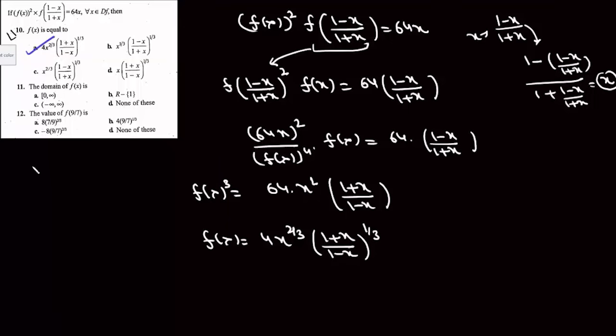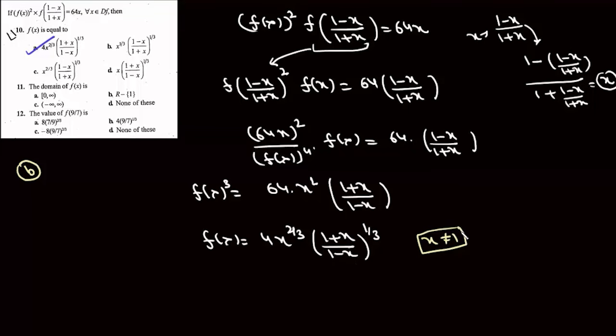Now the next one is the domain of f(x). Now there's no problem with x to the power 2 by 3, and we also don't have a problem with the cube root. The only problem is the denominator should not be 0. So x should not be equal to 1. But we have derived this f(x) from this equation, and in this equation, the assumption is this should be valid for (1 minus x) upon (1 plus x).